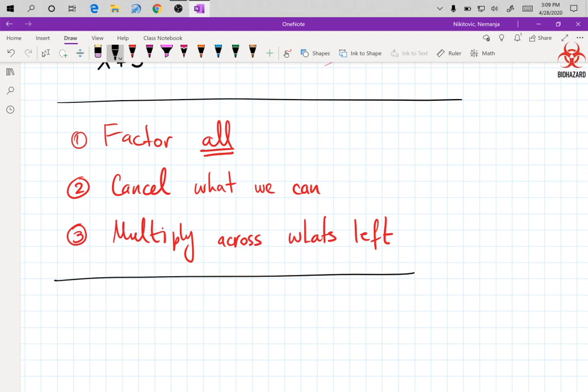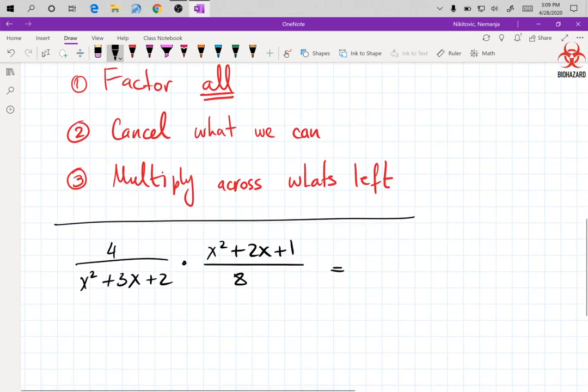So every step is always followed. Let's see some spicier cases. 4 divided by x squared plus 3x plus 2 times x squared plus 2x plus 1 divided by 8. Step number 1 says factor everything. So that's going to be 4 divided by, and now this one is x plus 1, x plus 2.